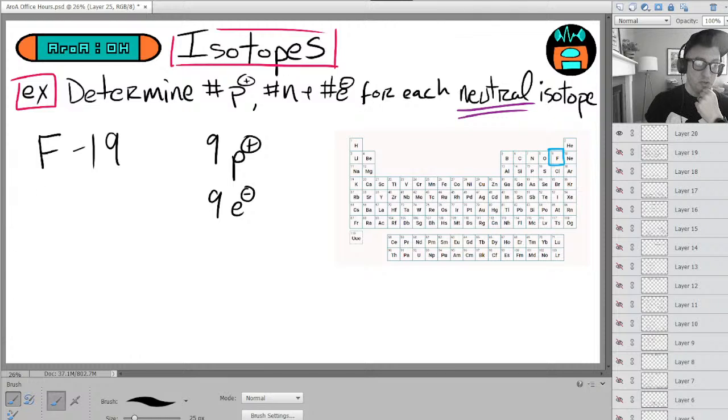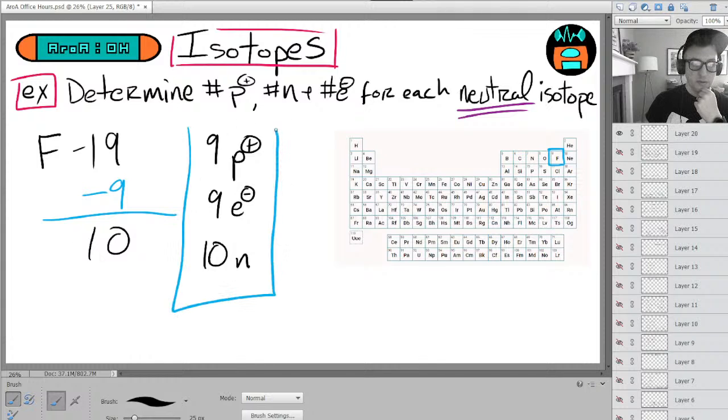To find our number of neutrons, we subtract our atomic number from our mass number. This leaves us with 10. So 10 neutrons in the isotope fluorine-19.